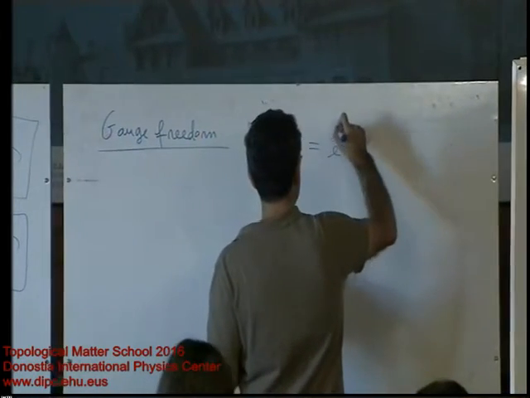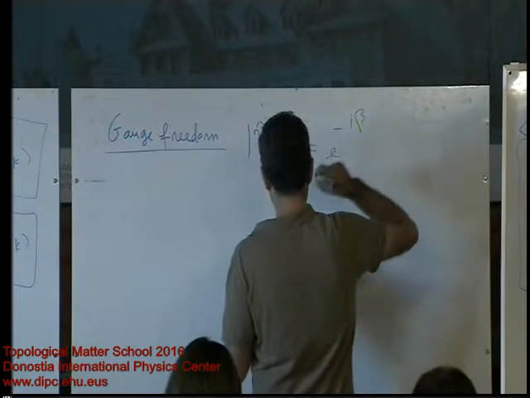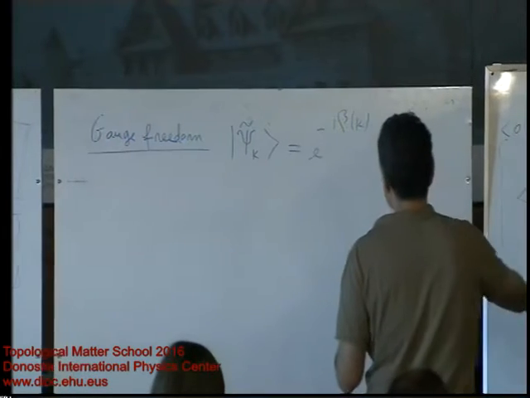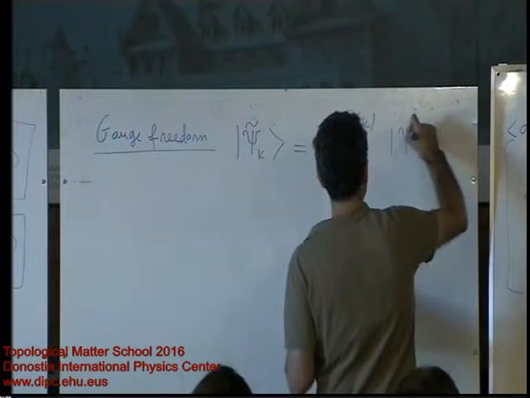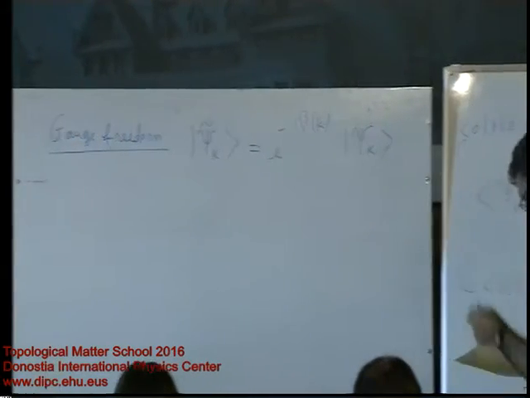Nothing wrong with that. And moreover, I'm doing that over a range of k points, and the phases are functions of k, these gauge phases. So let's check that this doesn't somehow mess up anything.